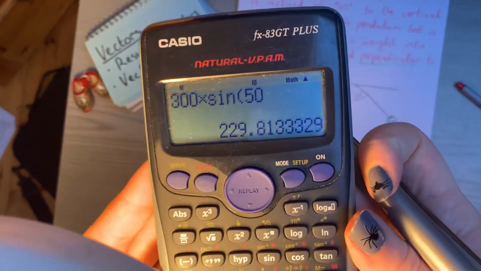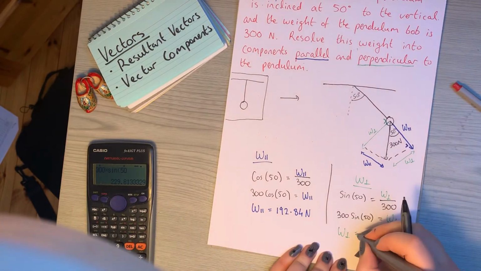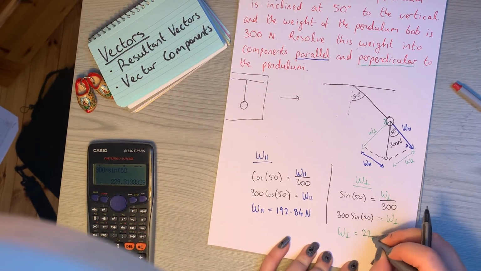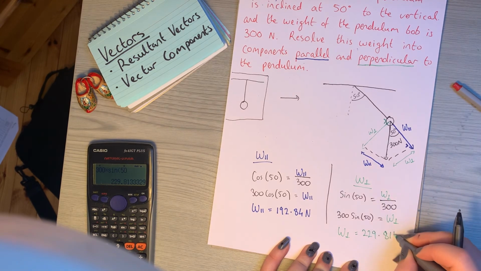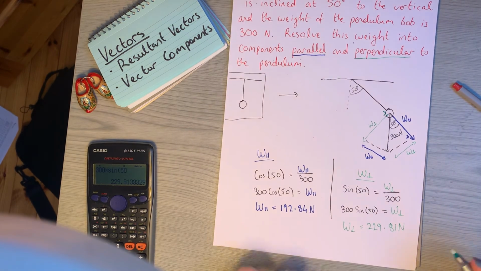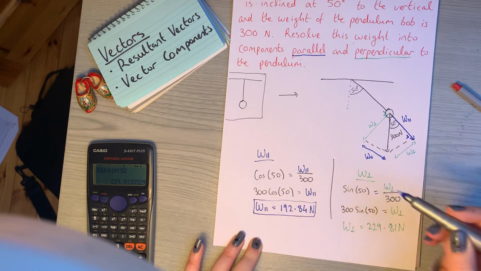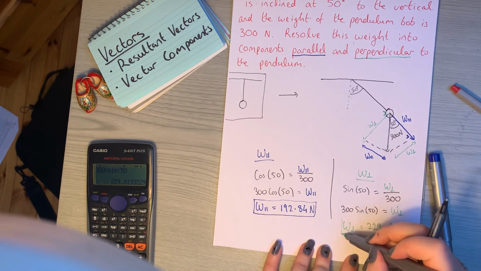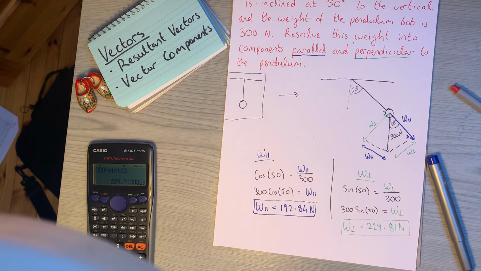And that works out to be 229.81 newtons. And there we have it. So that is the parallel component of weight to the pendulum, and that is the perpendicular component of weight to the pendulum. And there you have it.